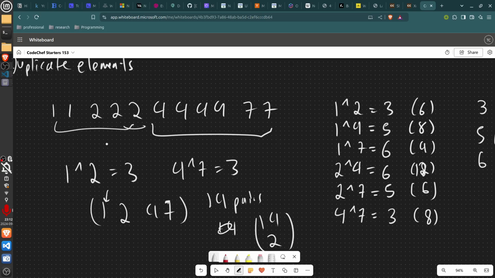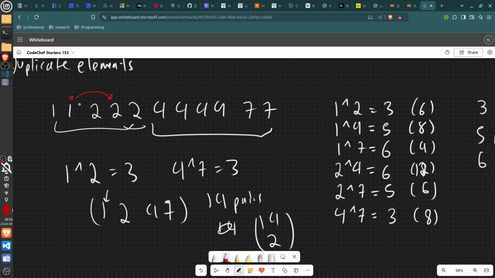Because I picked 2 from here, so that will count if you pick this 2, and then you have many other ways you can pick. I mean, sorry, the 14 choose 2 is how many ways you can pick.